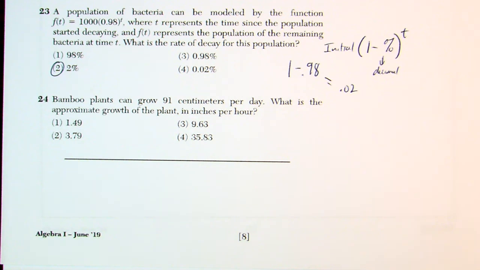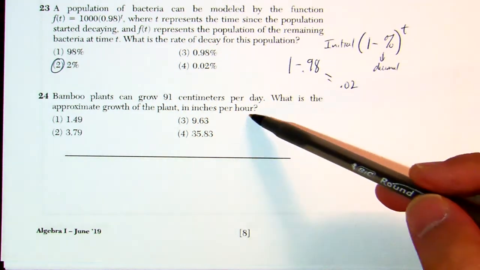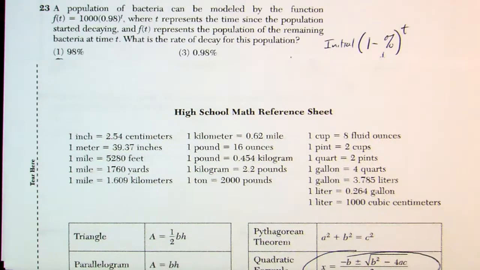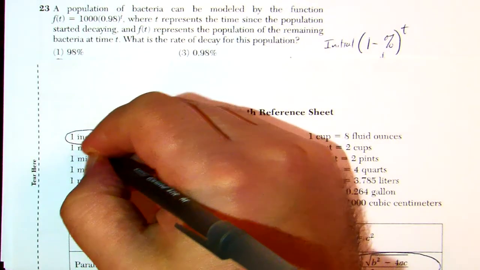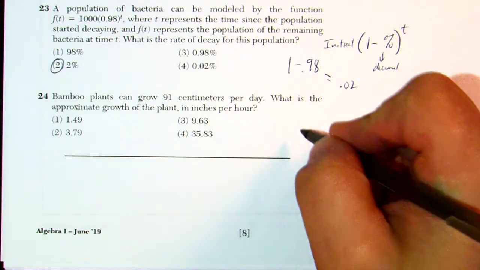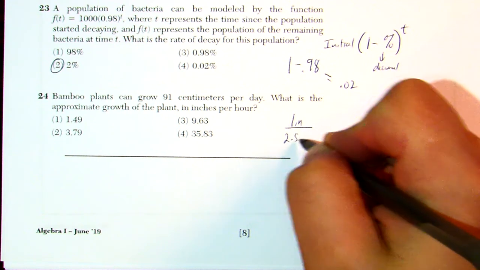All right, so inches per hour they want. So they go 91 per day, so they have days and hours. Those are not the same time frequencies, so at the end when I'm done solving this, I'm going to make sure I want it in the right spot. So we're going to go to our reference table to find our conversion of inches per centimeters. So it is there. It says 1 inch equals 2.54 centimeters.